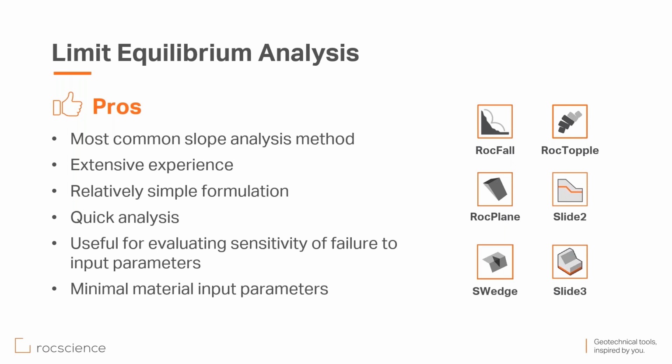The whole analysis is very quick, and because it is quick, it can be used for evaluating the sensitivity of failure to input parameters and also for probabilistic analysis. To define your model and geomaterials, you need minimal material input parameters. So this is a pro in that sense, that you don't need many parameters to define your model.